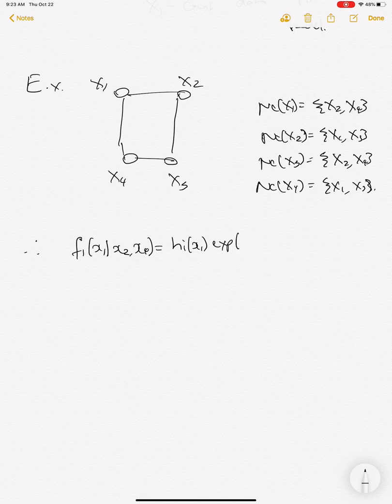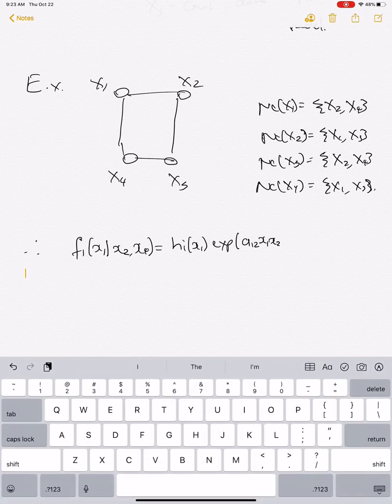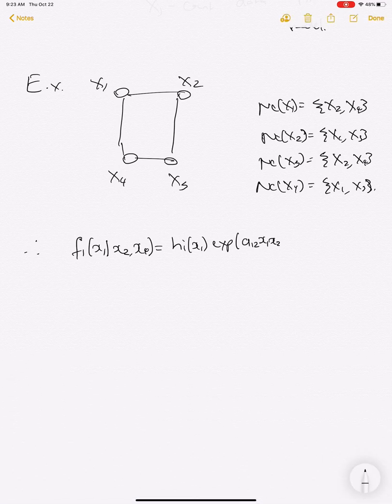Exponential family here, and then we have exp of a12 x1 x2 plus a14 x1 x4, and then minus A1 of a12 x2 plus a14 x4.